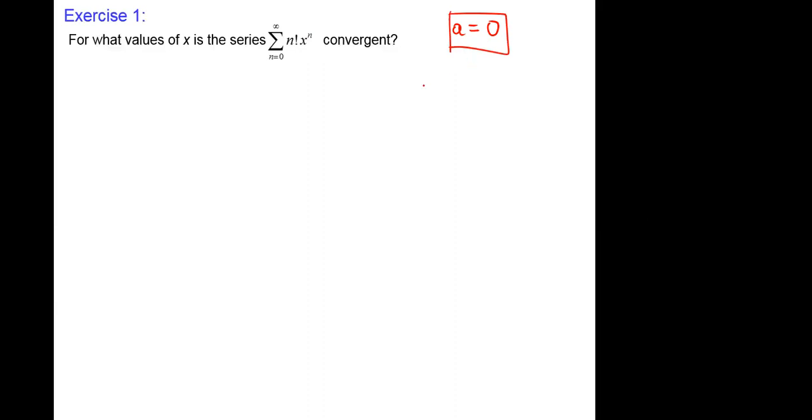That's the center. If I draw my potential interval, definitely this is a center. And if I end up not even having an interval, I can always say what values of x give me convergence? Definitely 0. I can even start with this, definitely 0, even if it's 1 point.